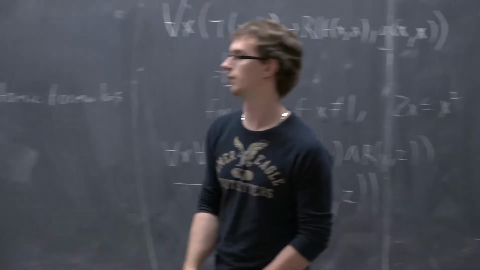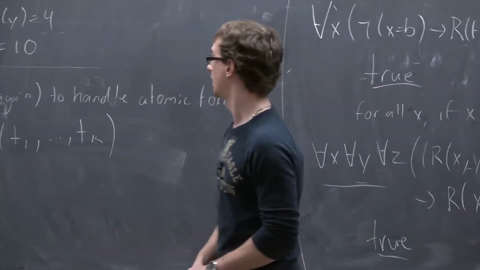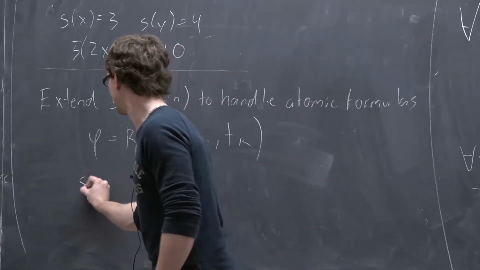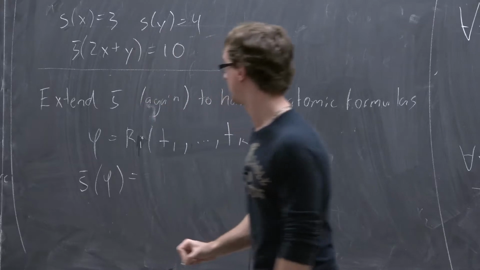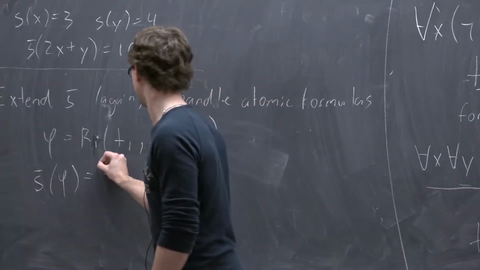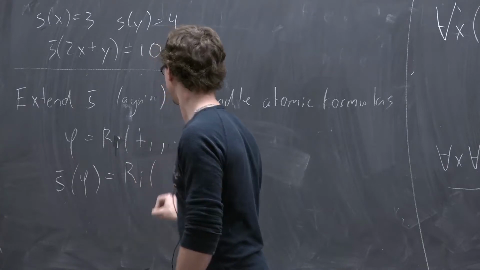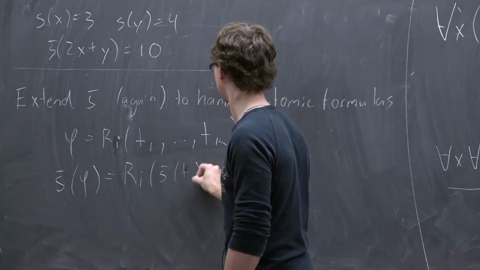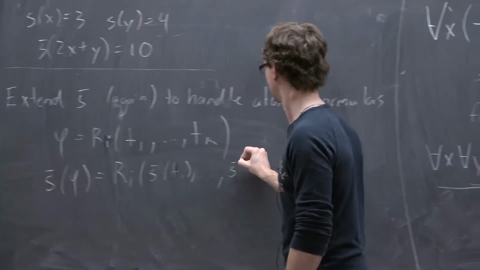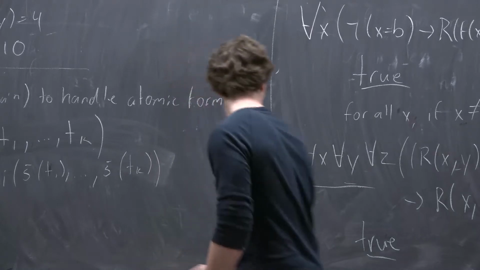That's just our definition of what it means to be an atomic formula. And in this case, S bar of phi is just going to be the relation applied to S bar on each one of the terms.